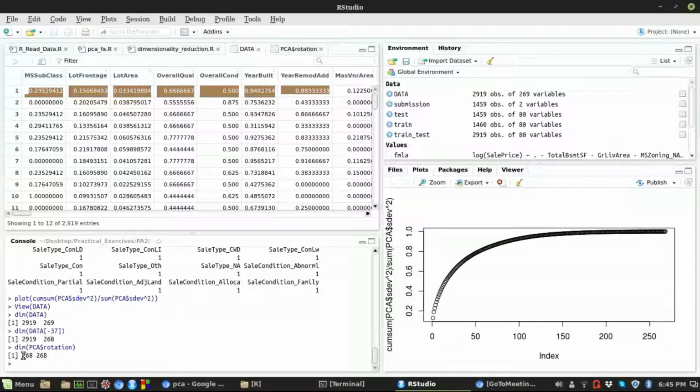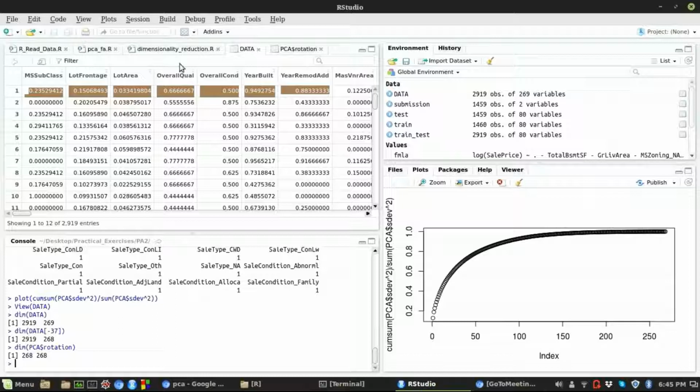You take the 268 original variables and convert them to 268 principal components. Now you can do matrix multiplication of these, and you will get your PC1, PC2 and so on for all the records of train and test data, out of which we can retain the first few because they have been arranged in descending order of variance. So you just take the first 100 and they will contain the most variance.